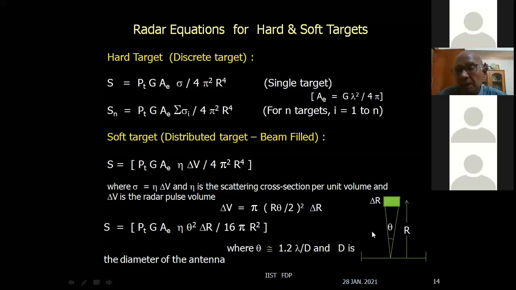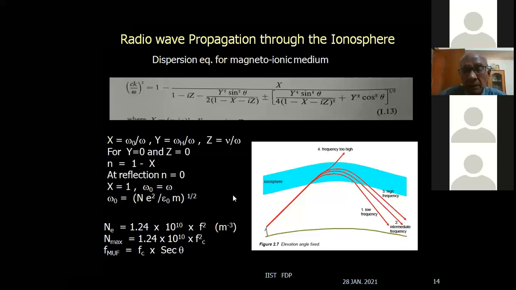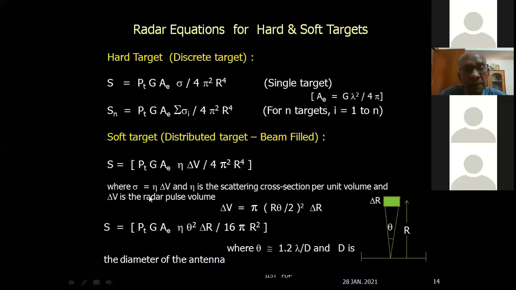Theta is the angular width of your transmitting and receiving antenna. And then we talk of the sigma, which is the scattering cross section of the entire volume illuminated by the radar beam. Since it is filling the entire volume, it is equal to eta into delta V.